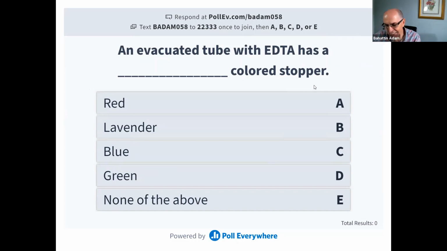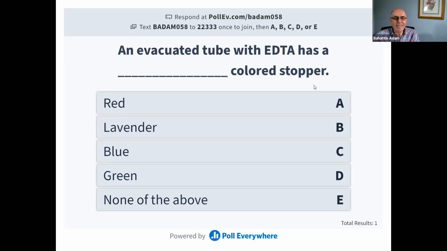If you paid attention to the slides that I showed you: red, lavender, blue, green, none of the above?